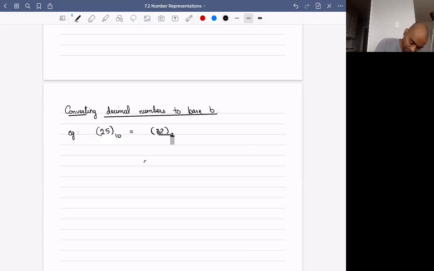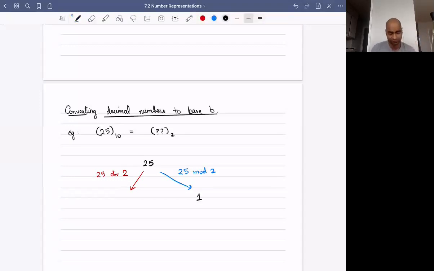So let's start with 25. I'll find 25 mod 2, and here I'll find 25 div 2. 25 mod 2 is 1 because 25 is odd.